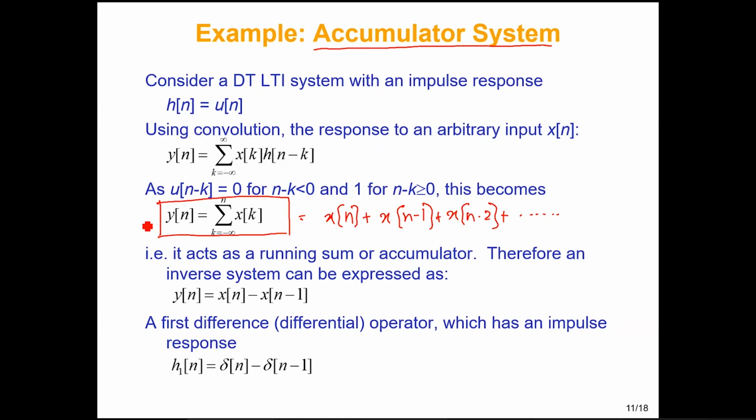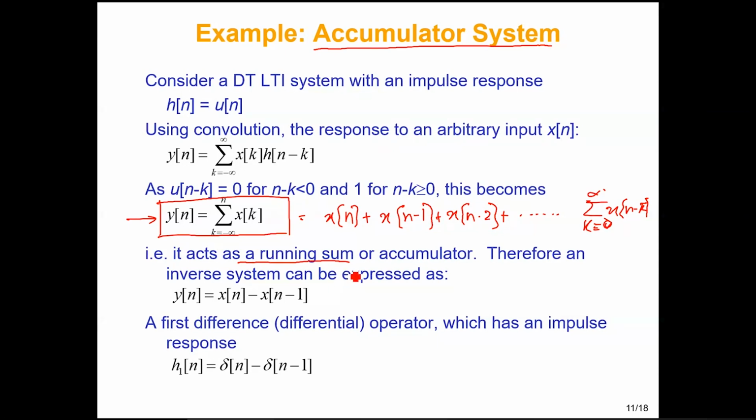And this is not a very nice way of writing an accumulator system. Typically we write it this way. It is basically the summation of x of n minus k for k equal to 0 to infinity. So an accumulator system acts as a running sum, or accumulates all the inputs that are there till present time.